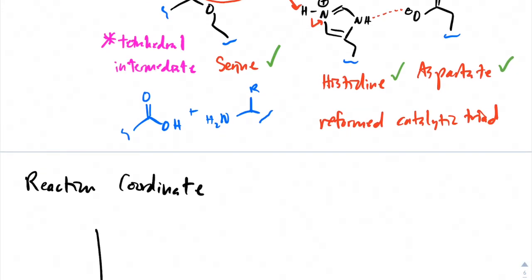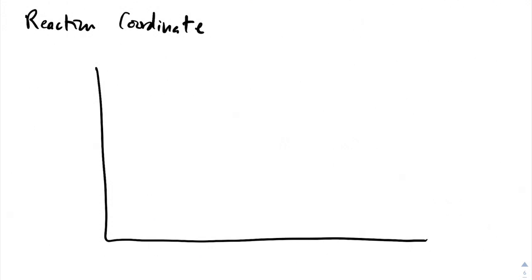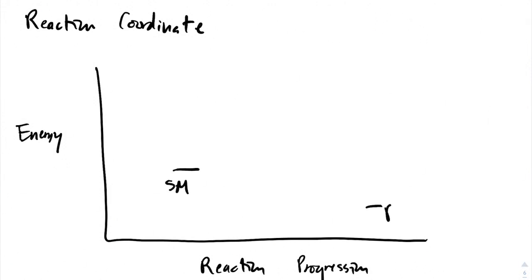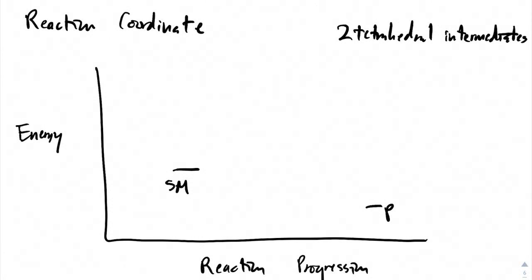So now what does this look like on the reaction coordinate? So if we were to have energy on our y-axis and reaction progression on the x-axis, we have our starting materials, we have our products. We know that we have 2 tetrahedral intermediates, and we have 1 covalent acyl enzyme intermediate.